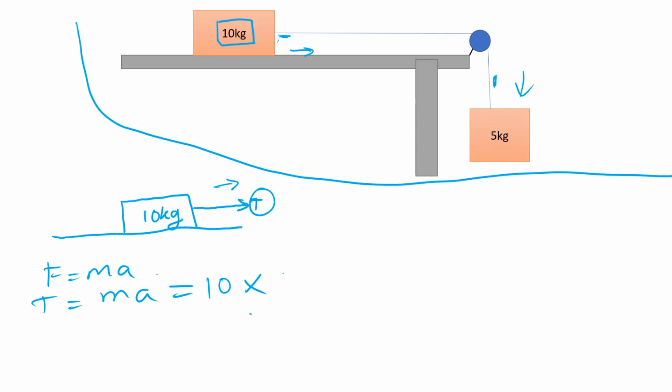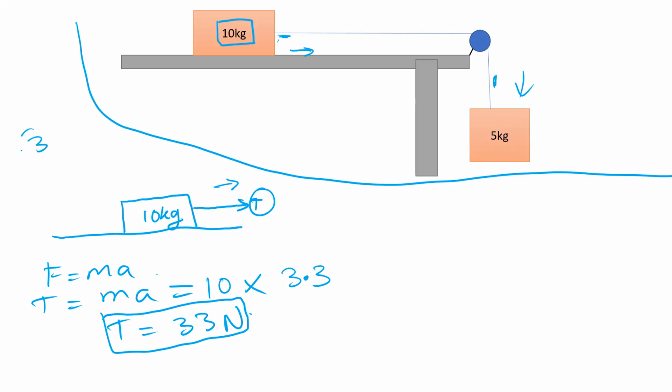So we can plug this in now. Once you calculate 10 times 3.3, you will get 33 newtons. And that's the tension on the string. So this is the third answer.